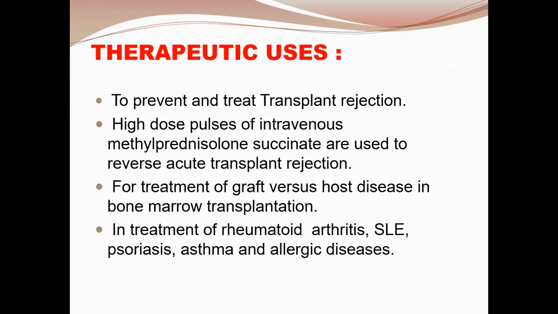They are used for the treatment of graft versus host disease in bone marrow transplantation, in the treatment of rheumatoid arthritis, SLE, psoriasis, asthma, allergic diseases, and of late, glucocorticoids also have a main role to play in prevention of the cytokine storm, which results in severe acute shortness of breath and death in patients with corona, that is COVID-19.